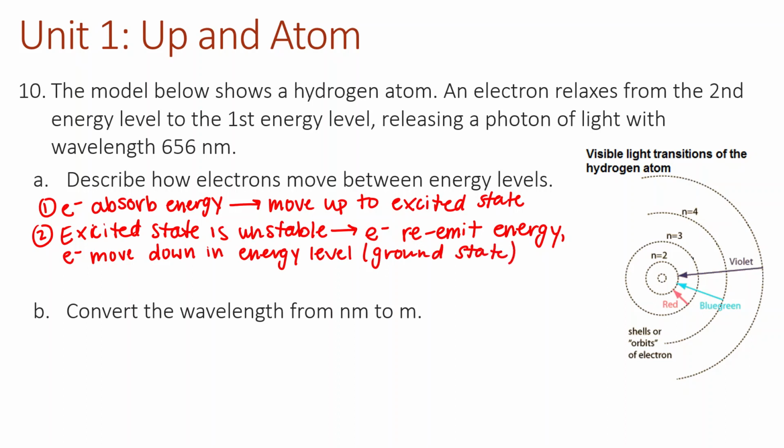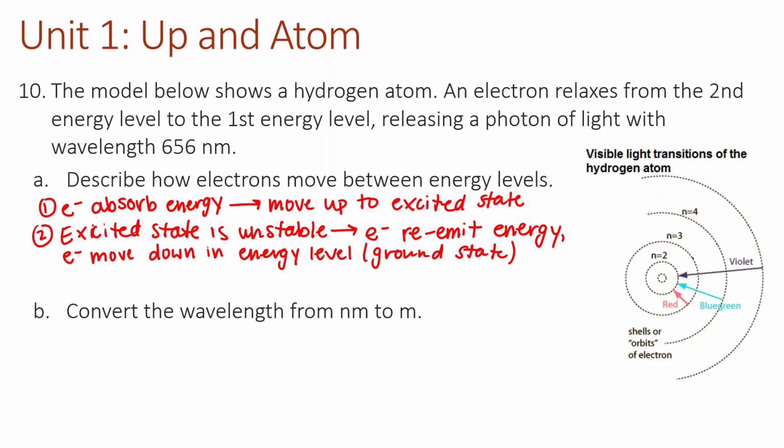So, for example, if we look at something like carbon, carbon's electron configuration is 1s2, 2s2, 2p2. If that electron is in its 2p orbital, that's its normal state. That's its ground state. Perhaps it jumps up to the 5th energy level. It would re-emit that energy to get back to that 2nd energy level.